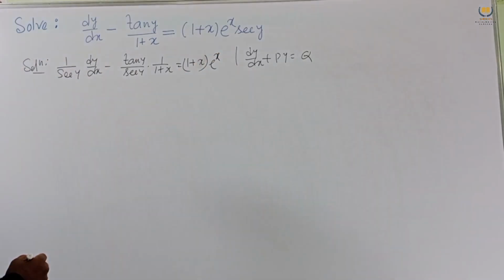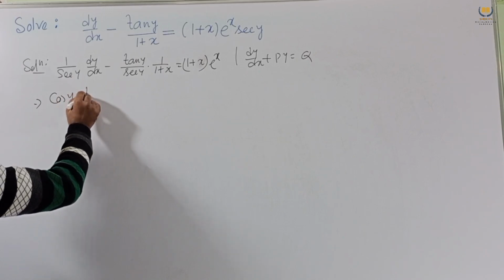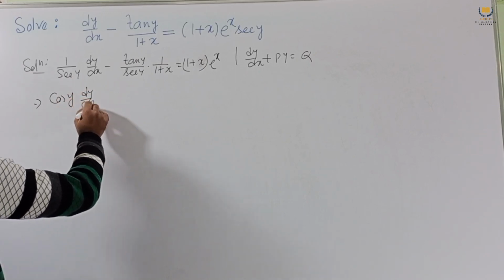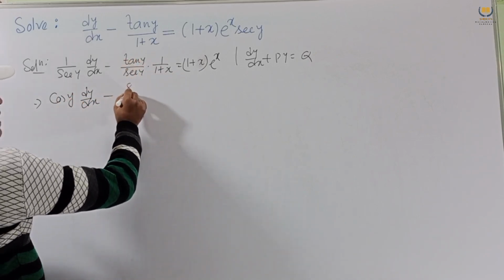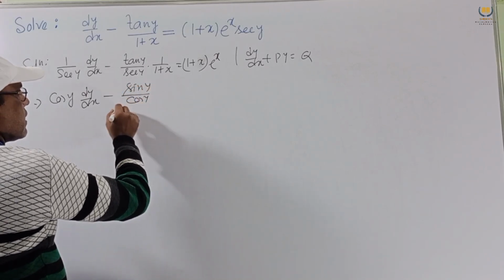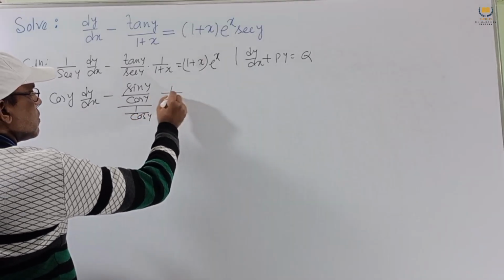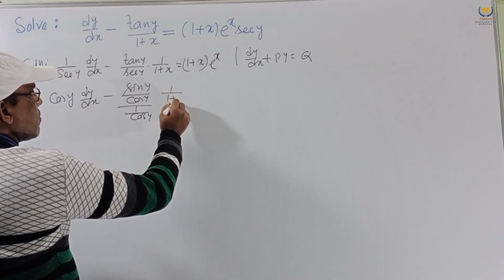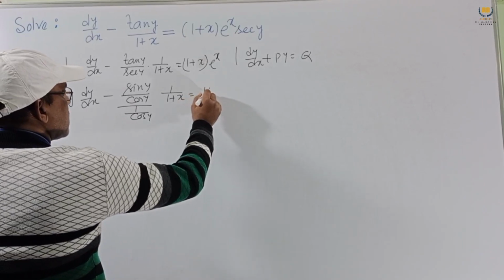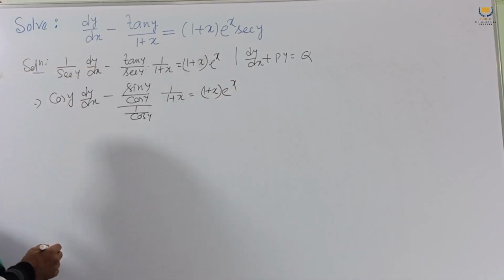We get this. And 1 by sec y means cos y, tan y means sin y by cos y, and sec y means 1 by cos y, into 1 by (1 plus x), equals (1 plus x) e to the power x.